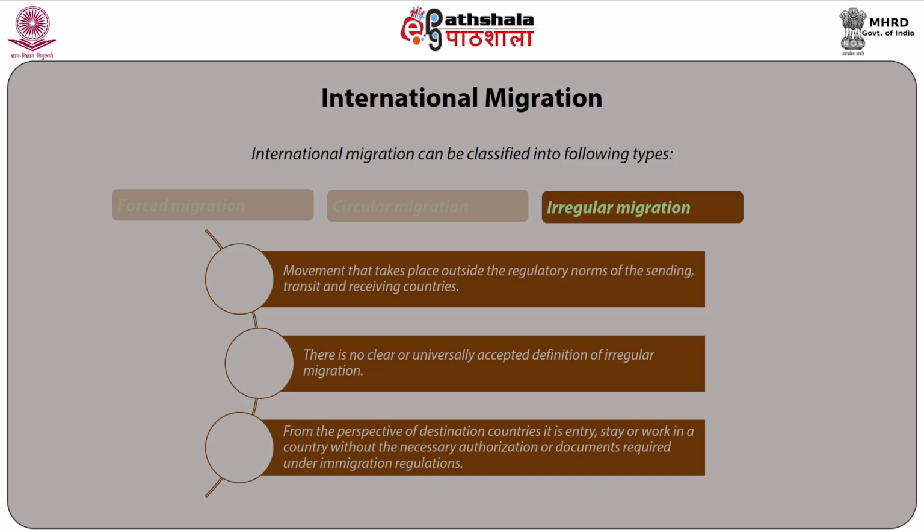There is no clear or universally accepted definition of irregular migration. From the perspective of destination countries, it is entry, stay, or work in a country without the necessary authorization or documents required under immigration regulations.